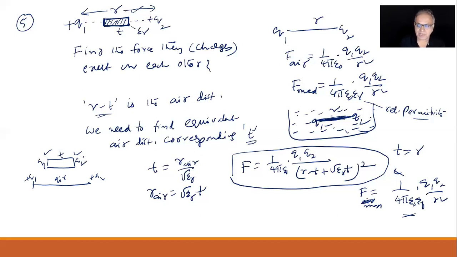So I couldn't have added R minus T to this T. That's meaningless. So that's the reason I converted this distance in the medium to an equivalent air distance and then added that to the air distance here. This is air distance, this is air distance. And I also showed you that when R becomes T, that means this whole thing is occupied by the dielectric or by the medium, the force reduces to 1 by 4 pi epsilon R Q1 Q2 by R square, which is what we talk about here.